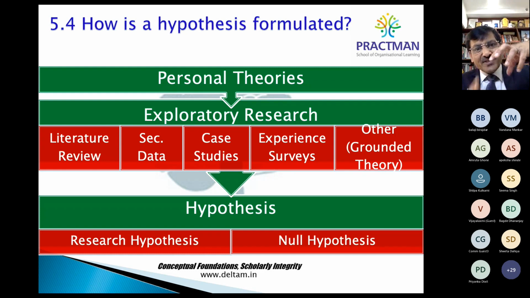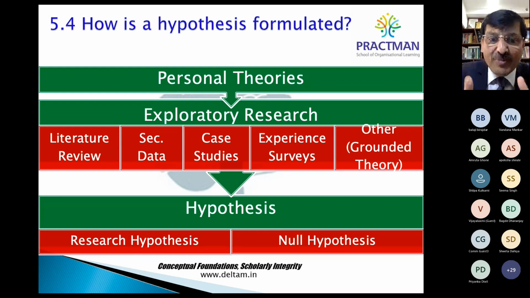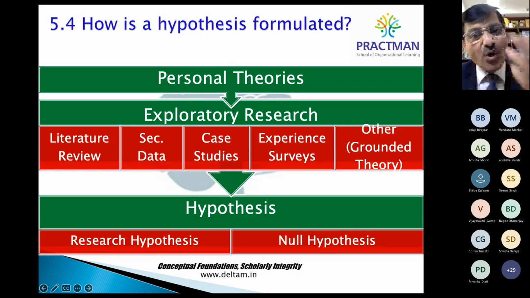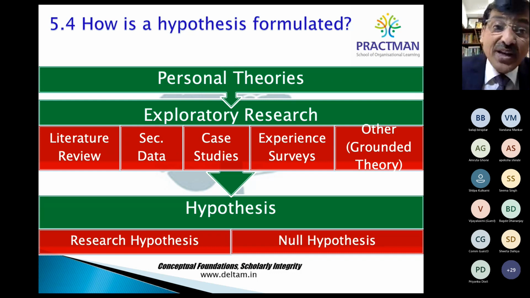So personal theories, your observations, exploratory research, on the basis of which you create a hypothesis, one part of which is called the alternate hypothesis or research hypothesis. The second part is called the null hypothesis. What it is will be covered in the topic on hypothesis, right?